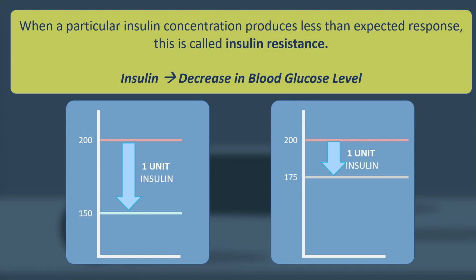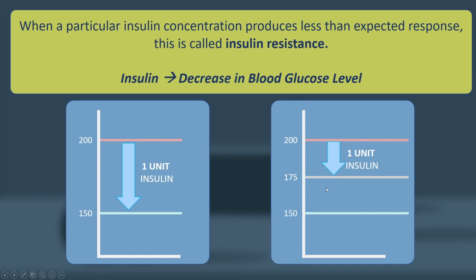We were expecting this insulin concentration to decrease the blood glucose level by 50 mg per dl, but it has not met our expectations because there is resistance to the actions of insulin. That is why it is working less efficiently.